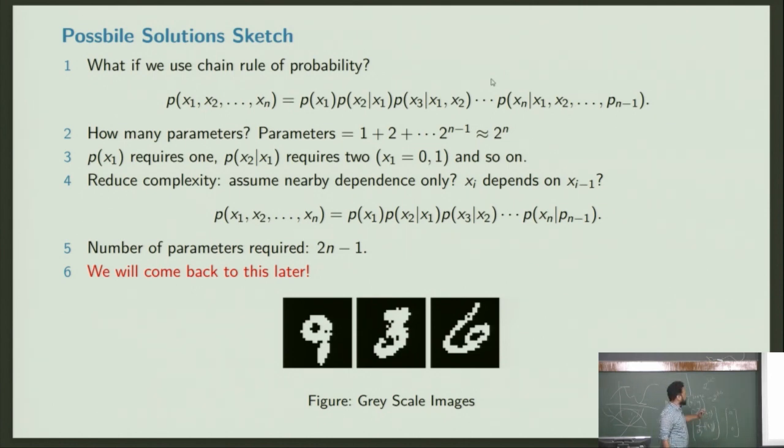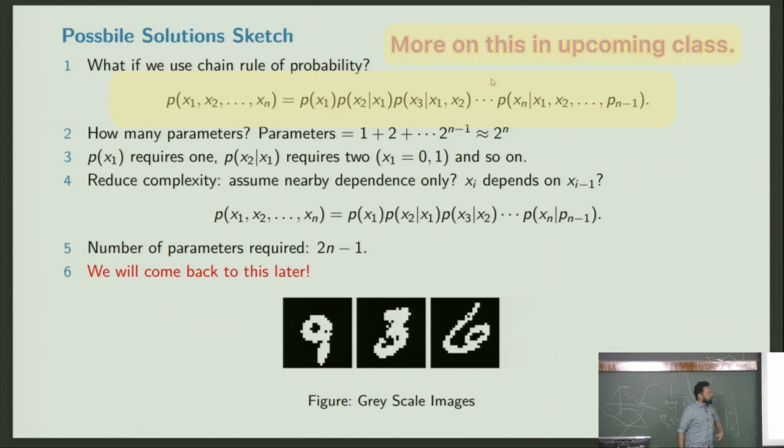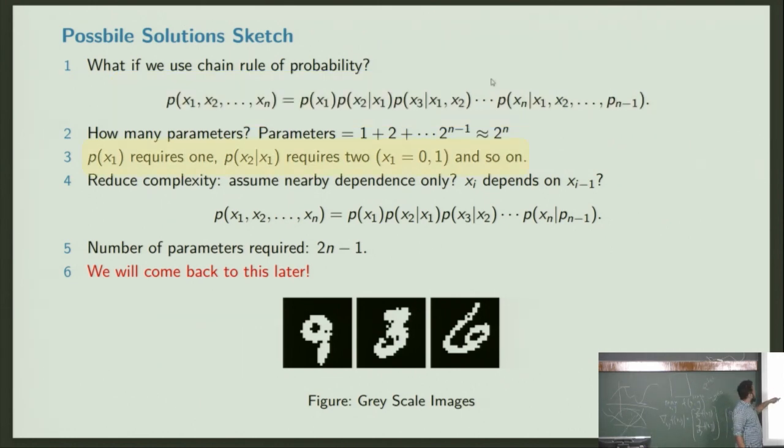If we go with the chain rule, the exact form, then again we are dealing with 2 to the n, because for the first one I need one parameter because it's a distribution p(x1), but p(x2 | x1) is a 2 parameter model because it depends on x1. So if x1 is 0, one possibility. If x1 is 1, then there is another possibility.